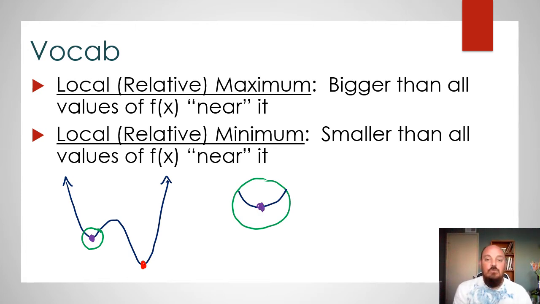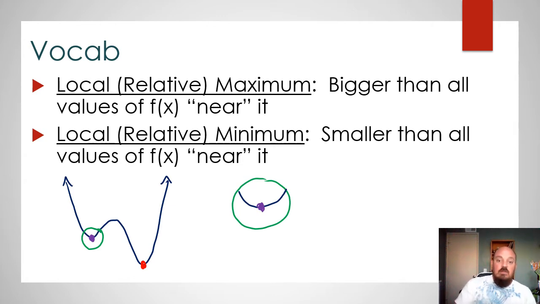Now, if you look in that green circle, that is the smallest point in the green circle. So that's what we call a local minimum or a relative minimum. Local means in one specific spot, or relative means compared to the points just to the left and right of it. So that purple point in the green circle is a local minimum.